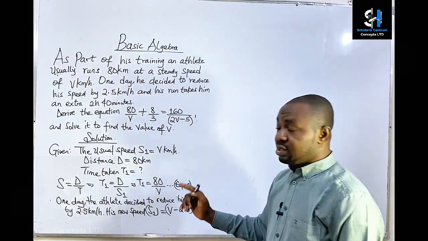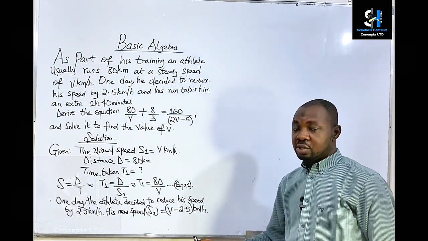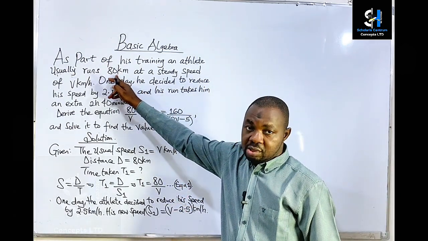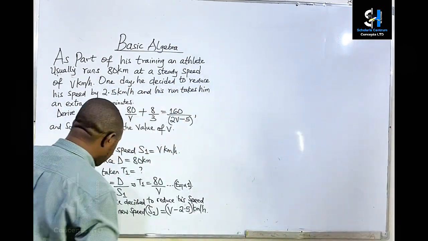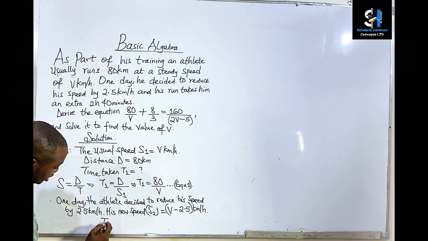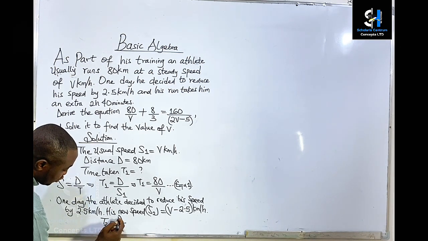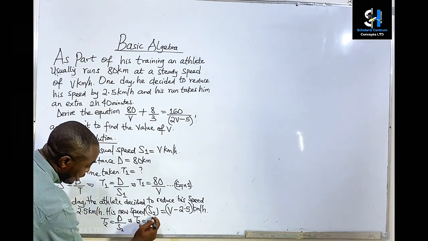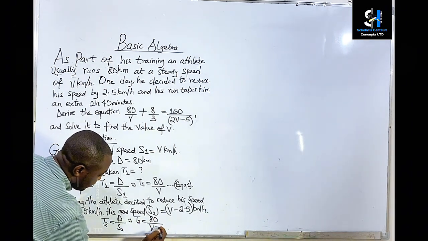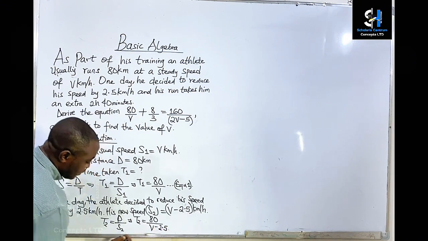So the time it takes the athlete to run 80 kilometers at this reduced speed will be, following this formula, T2 equals D divided by S2. So T2 equals 80 divided by V minus 2.5.